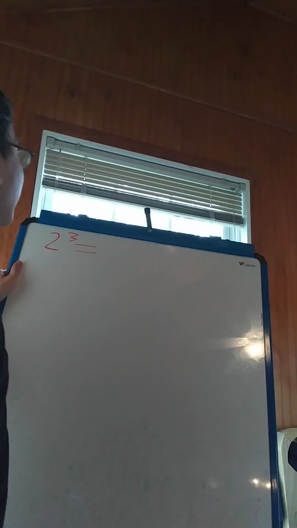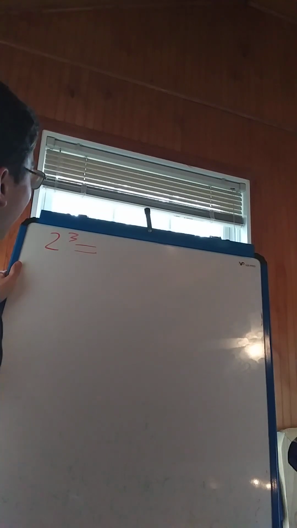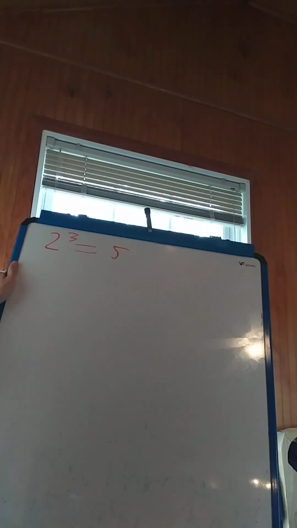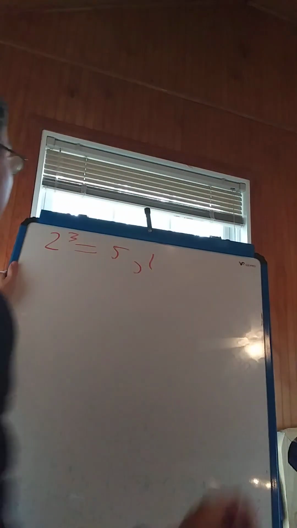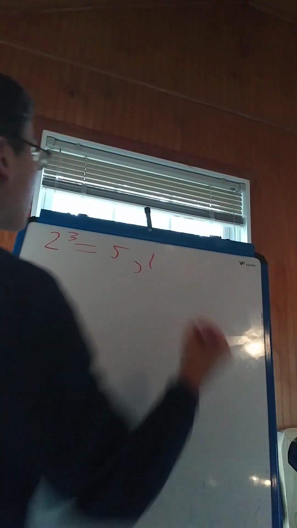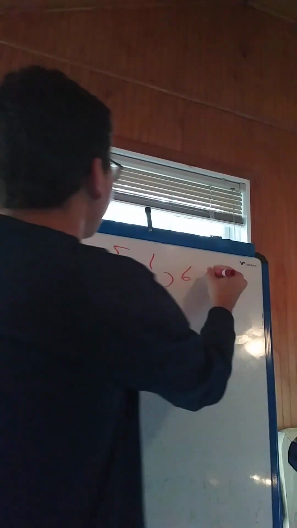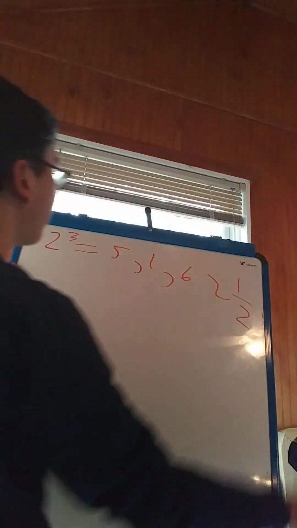What does that mean? What is that little number doing up there? Do I have to add 3 plus 2 to get 5? Subtract 3 minus 2 to get 1? Multiply those to get 6? Or divide them to probably get 2 and a half?